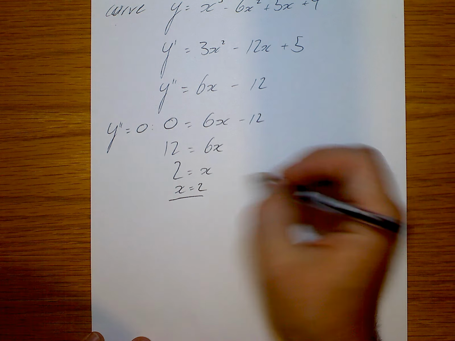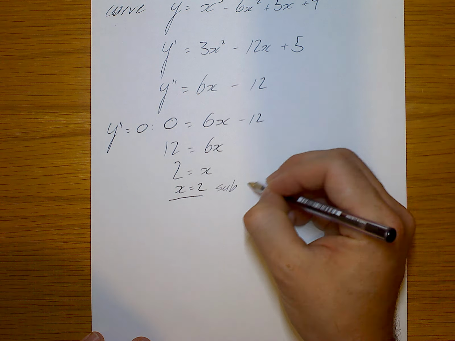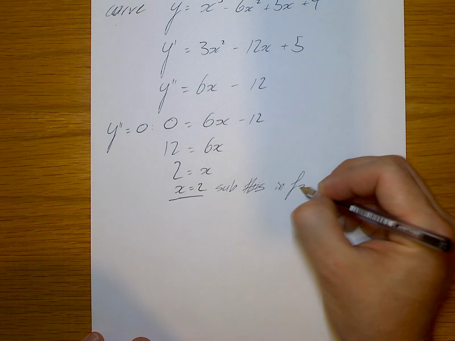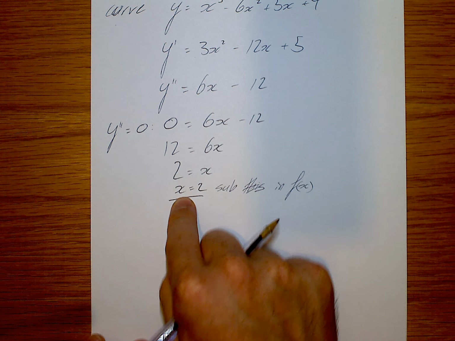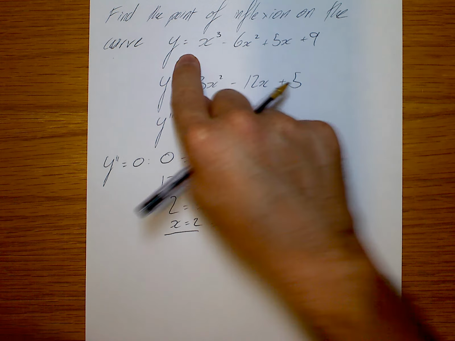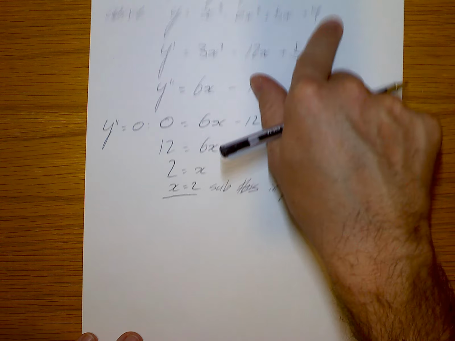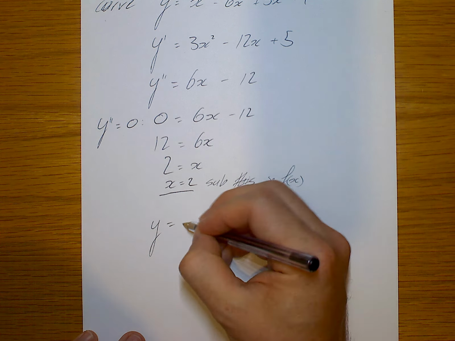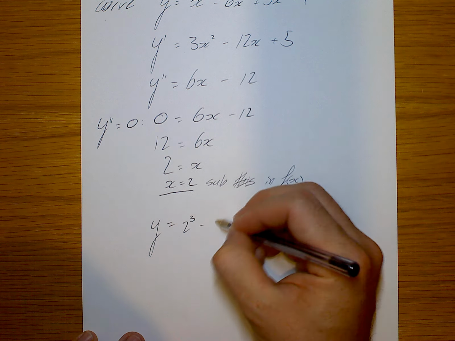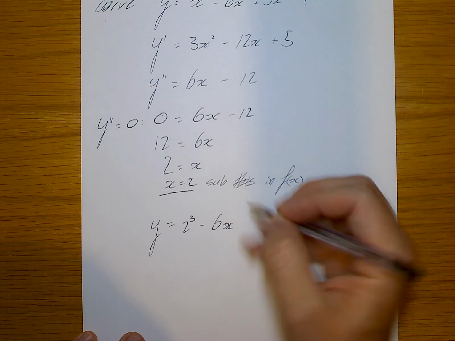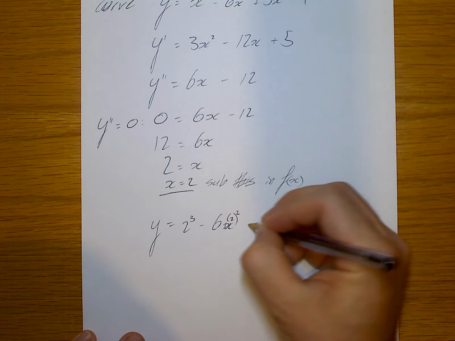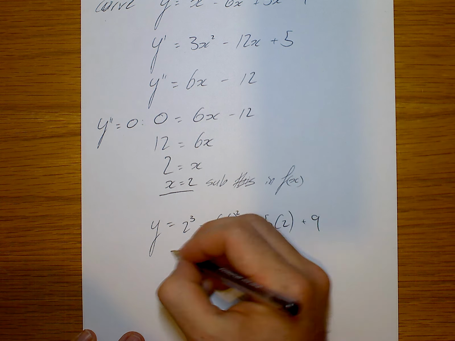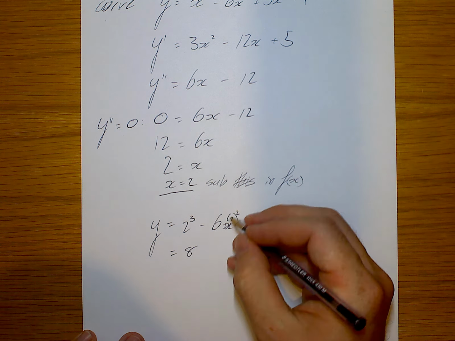We want to sub this into f of x. So we're going to sub this back into our y, back into our original function. I like to keep everything nice and neat: 2 to the power of 3 minus 6 times 2 squared plus 5 times 2 plus 9. That's going to be 2 times 2 times 2 is 8.